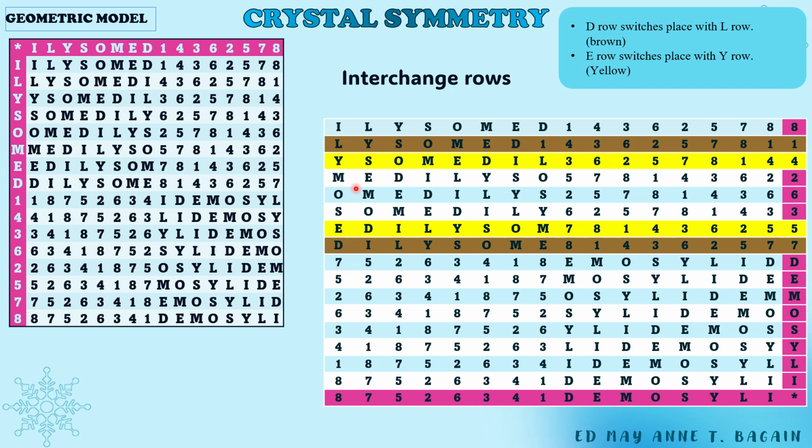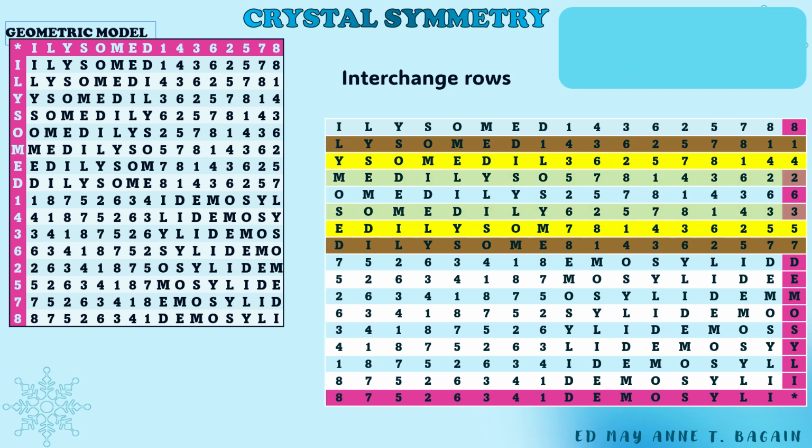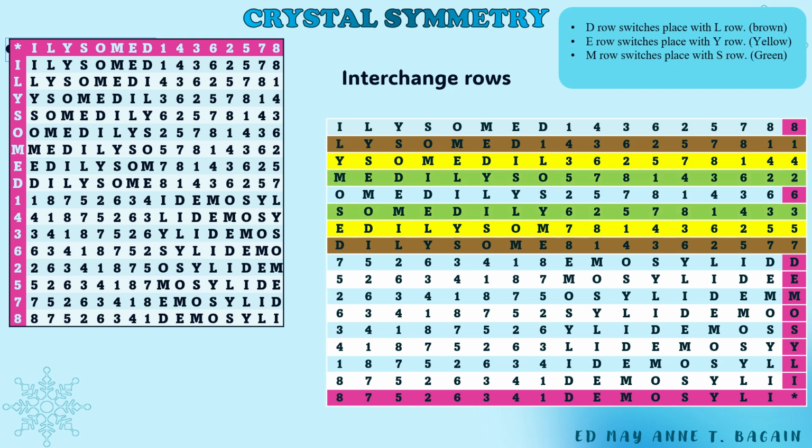Then MOSED. What should be the next one here? It should be S. So we need to rotate the M and S, the green. We need to switch the M row with the S row because it should be ILYS and then OMED.